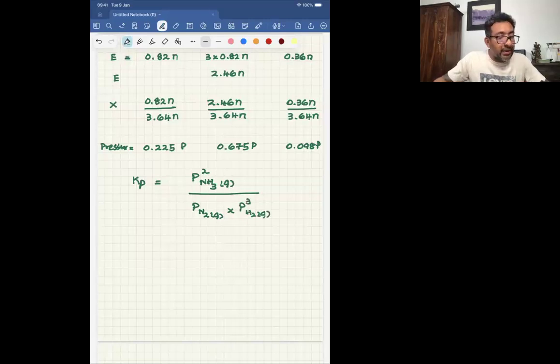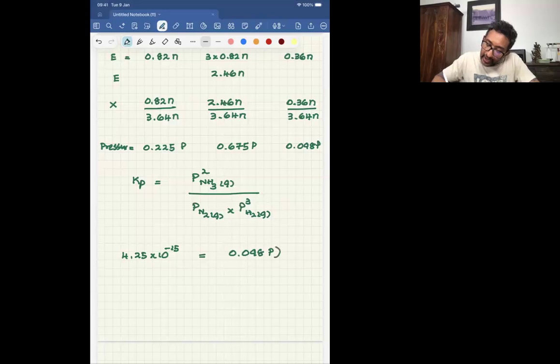The Kp value is given. What is the Kp value given? 4.25 times 10 to the power minus 15. Right? Partial pressure of ammonia is 0.098 P, squared, divided by partial pressure of nitrogen.